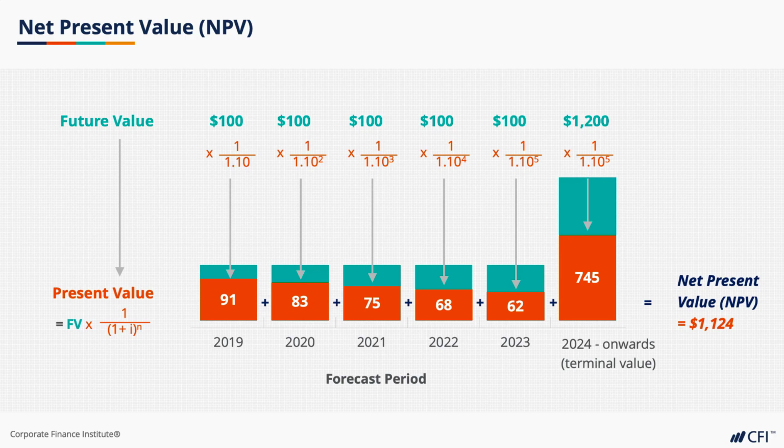Because cash flows received in the future are riskier, we use the discount rate, which in this case is the company's cost of capital. We've used 10% as an illustrative example, and in later lessons we'll be doing a deeper dive into cost of capital. When managers in corporate finance make investment decisions, they'll be looking at the net present value of all future cash flows to determine how much they should pay for that capital investment.